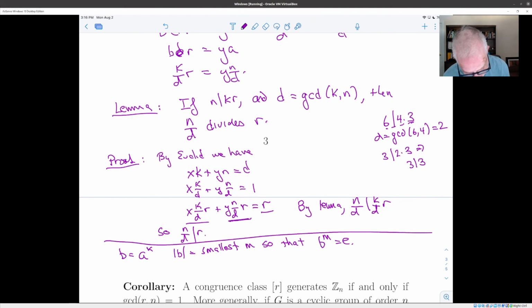And if we look at A to the Km equals the identity, by our previous result, this happens only if N divides Km.